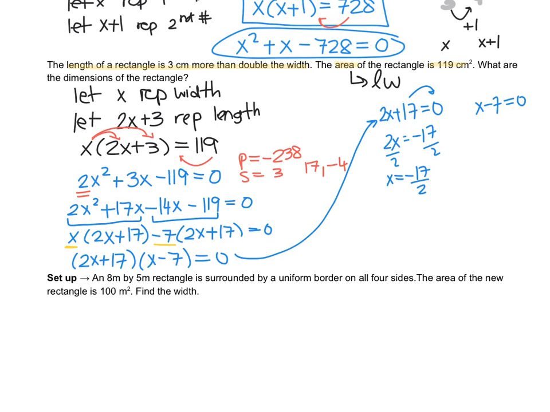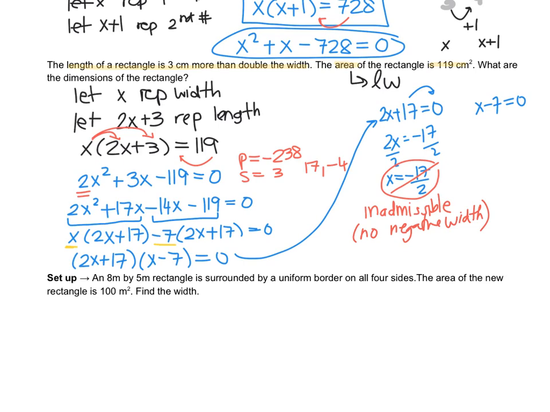I can't have a negative dimension because I know x represented the width, and you can't have a negative width. So this right here, we say is inadmissible, because you cannot have a negative width. So that's out. We don't have to worry about that option.